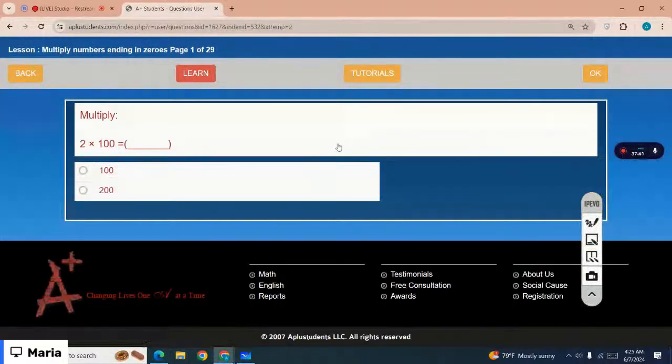So at the end, you need to add these two zeros. So the correct option is 2 times 100 is 200. The correct option is option number 2, that is 200.